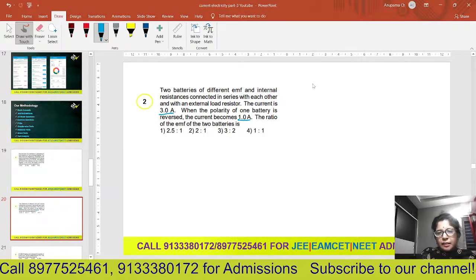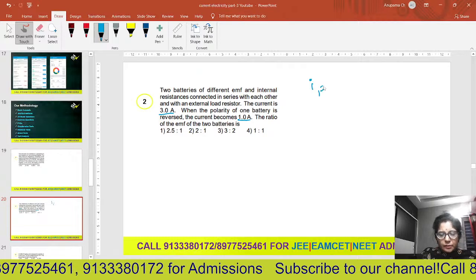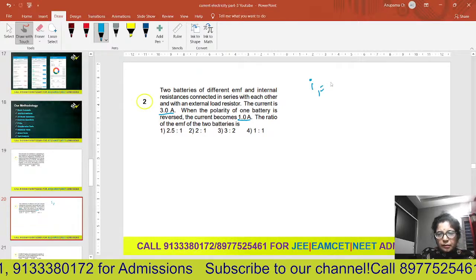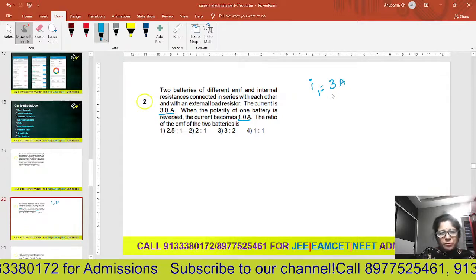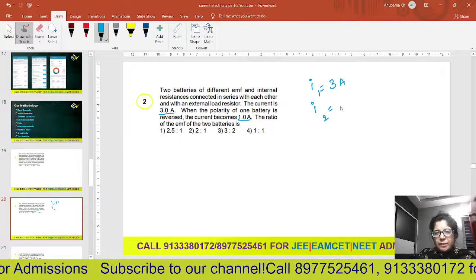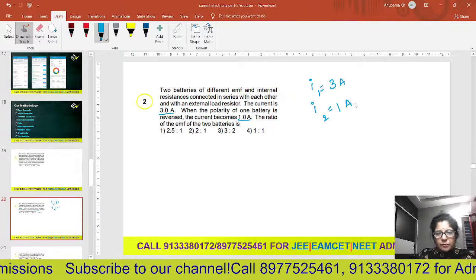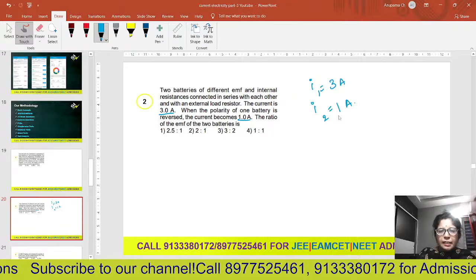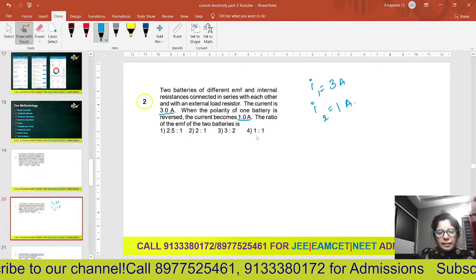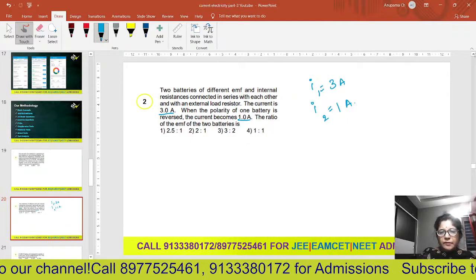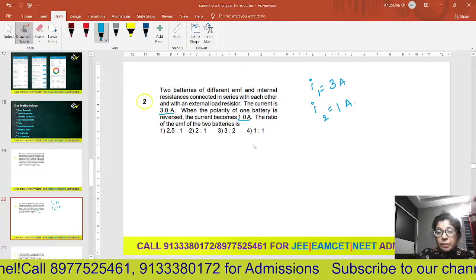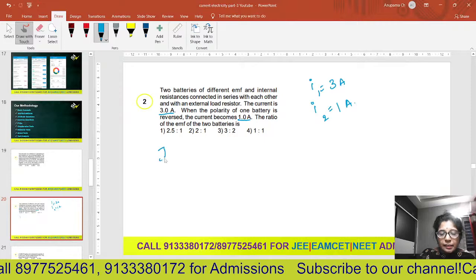First, they gave I1 equals 3 amperes, and I2 equals 1 ampere. They are asking the ratio of the EMFs. But what is the total current here?